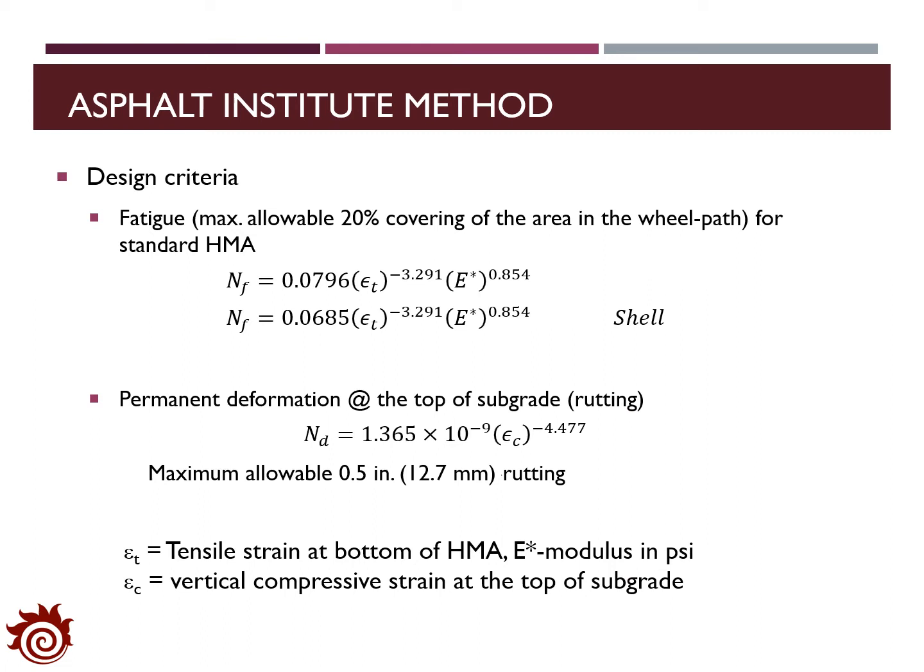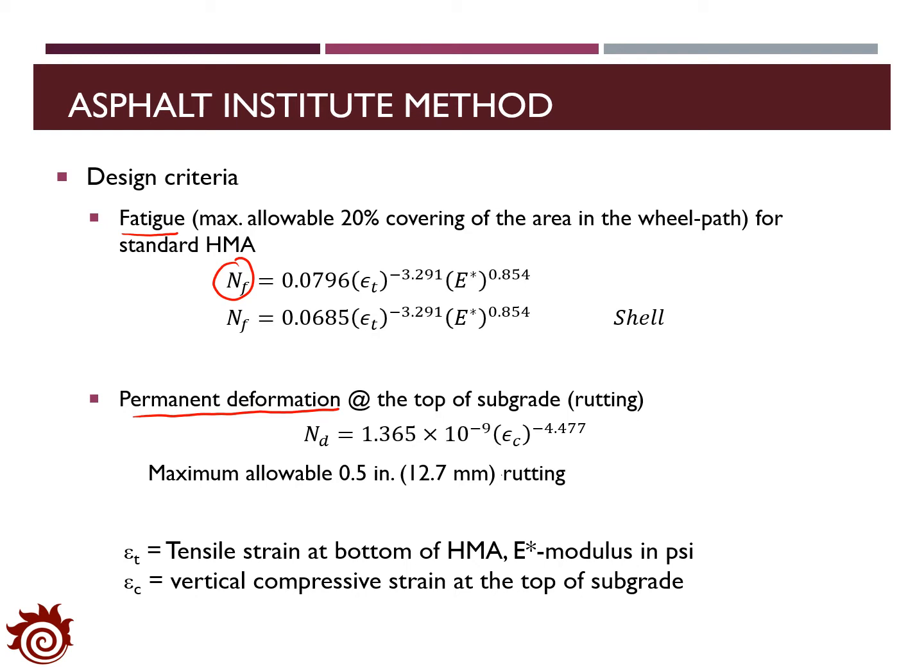To implement the AI method, we first need to define the criteria applied for the flexible pavement design. Generally, there are two types of design criteria: fatigue criterion and permanent deformation criterion. In the fatigue criterion, we can identify the allowable number of load repetitions to control the fatigue cracking.